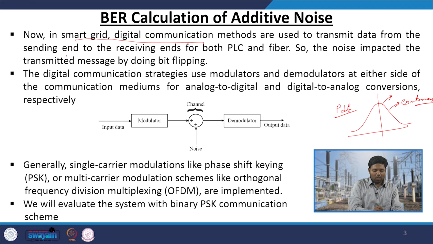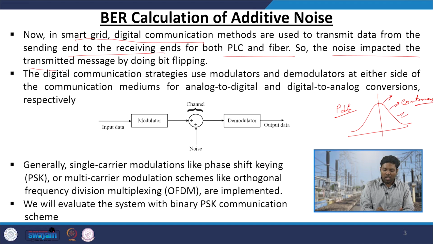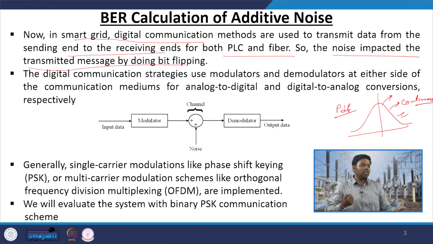That is for the end to end supply in the PLC and the fiber. This noise is not added as an analog value, it is normally added as a digital value, and it impacts the transmitted message by doing bit flipping. What is bit flipping? Let us say you are sending the data 101100, that is your original signal.